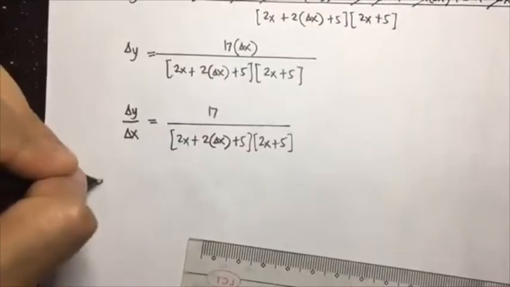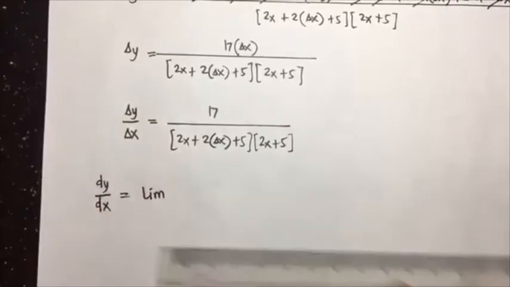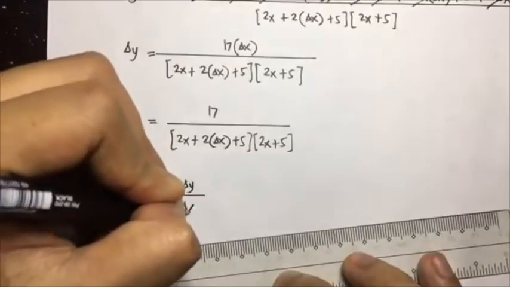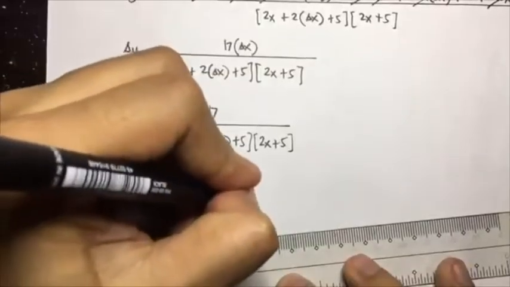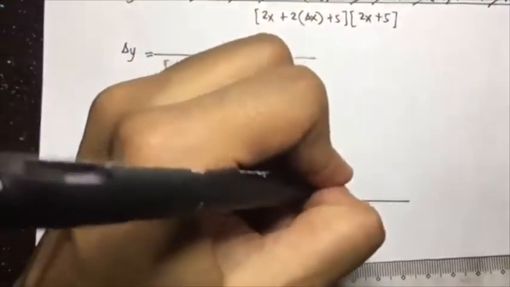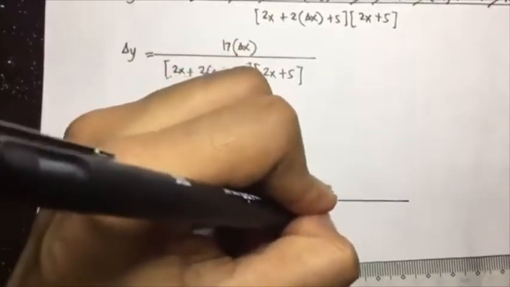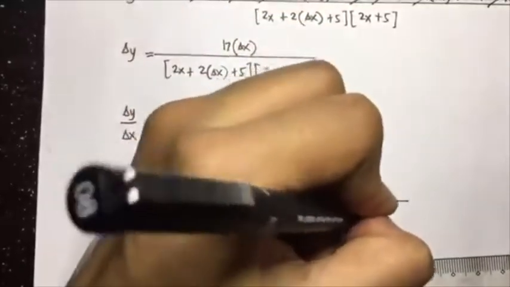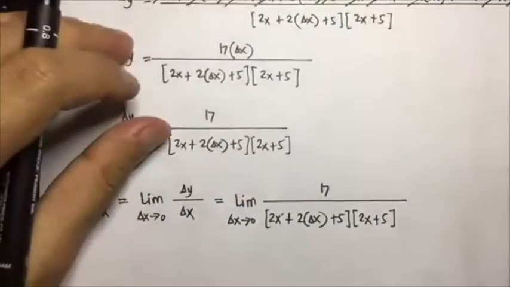Okay, so the derivative now, dy over dx, is equal to the limit of delta y over delta x as delta x approaches 0, which is the limit of this expression, 17 over (2x plus 2 delta x plus 5) times (2x plus 5), as delta x approaches 0.